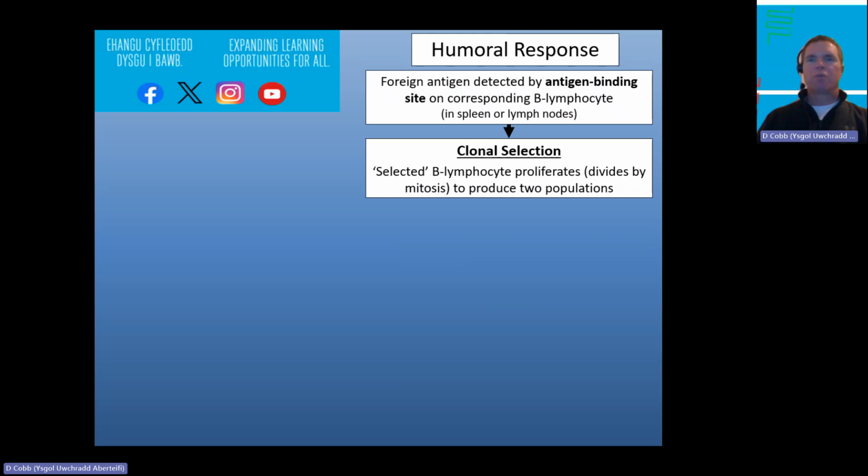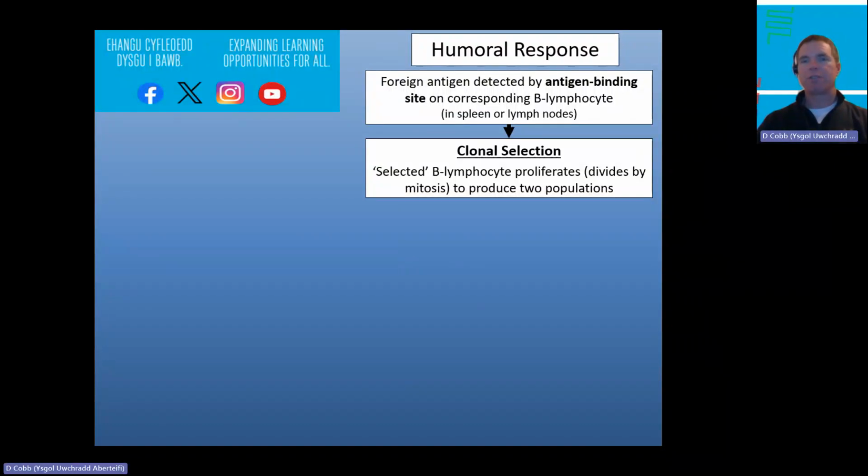So once that antigen has bound with the antigen binding site on its specific corresponding B lymphocyte, we get the next stage, which is called clonal selection. Clonal selection is where that particular selected B lymphocyte proliferates. It's an important word to use there.